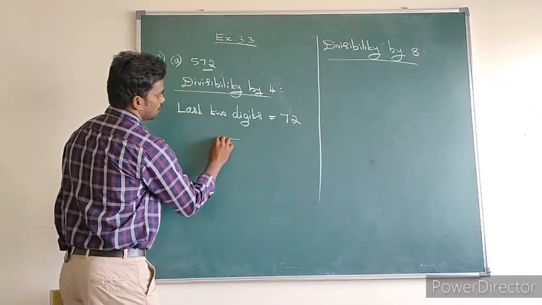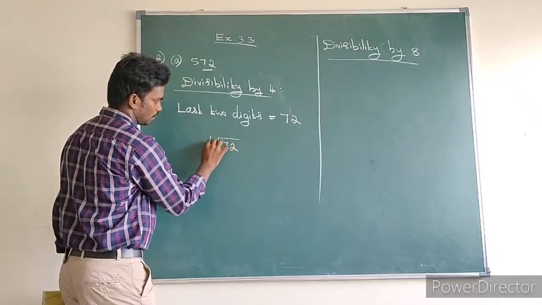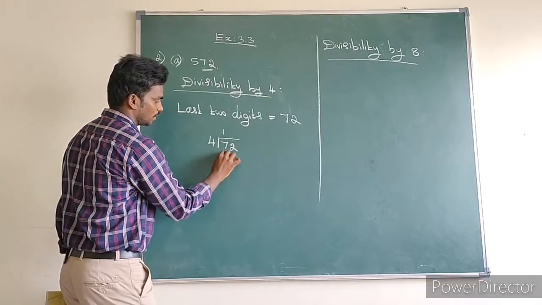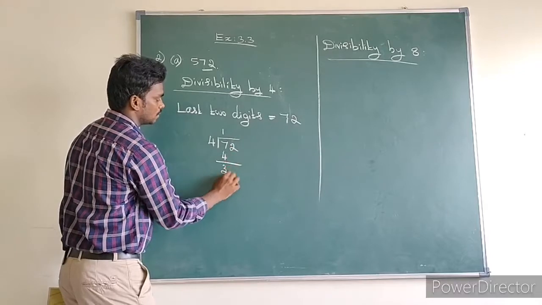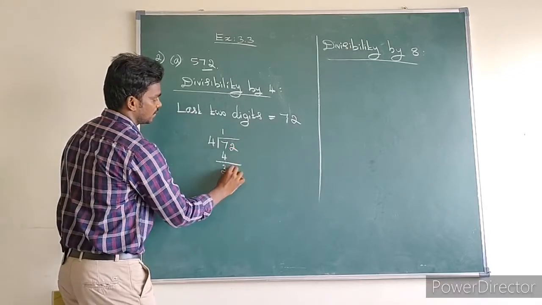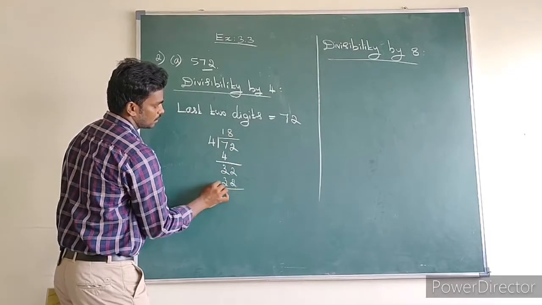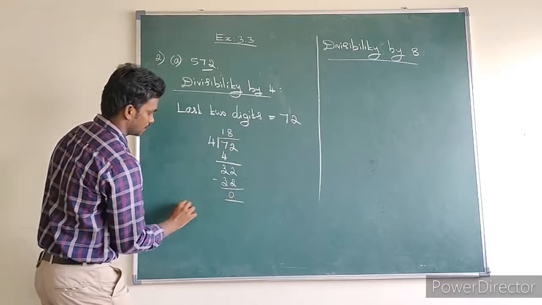We want to divide the number 72 by 4. So how many 4s in 7? 1 four is 4. The remaining is 3, so you write 3. What is that? 8 fours are 32. So what is the difference? 0.